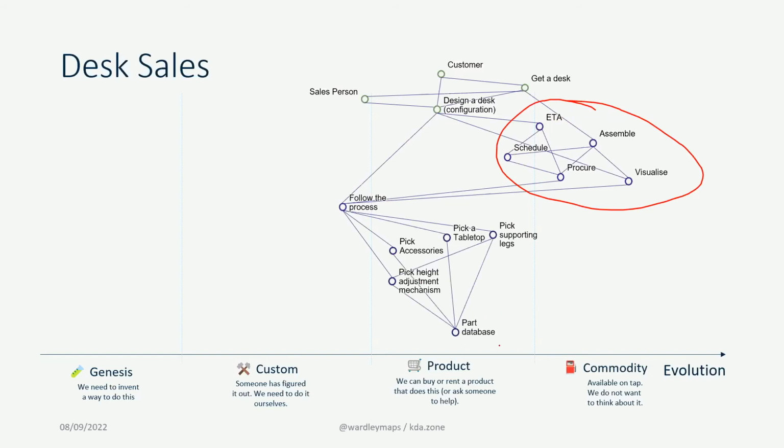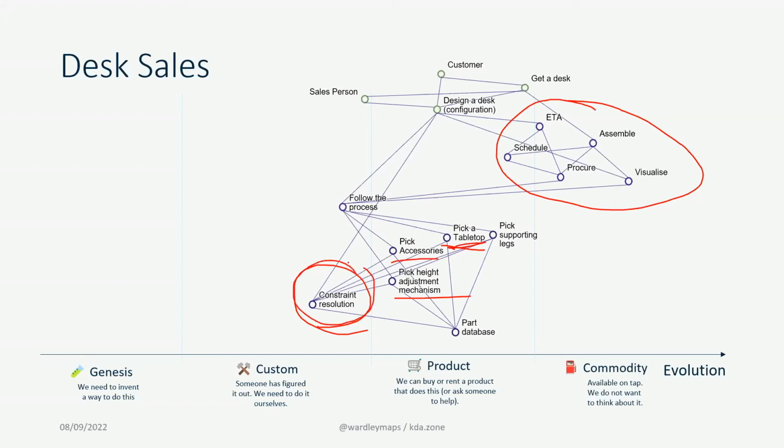You need to have a database of parts, and you need to have constraint resolution, which is the most important aspect. So what do you do if, for example, a tabletop doesn't work with a particular height adjustment mechanism because it's too heavy? Or what if, let's say, certain accessories don't work with a certain tabletop?